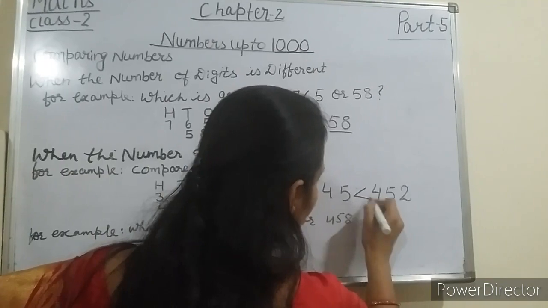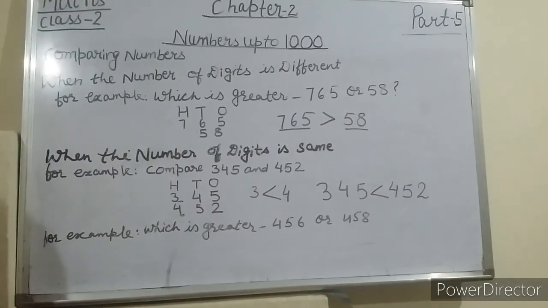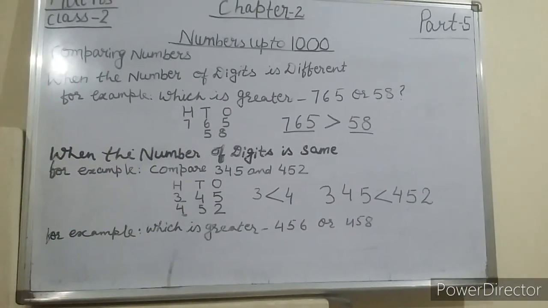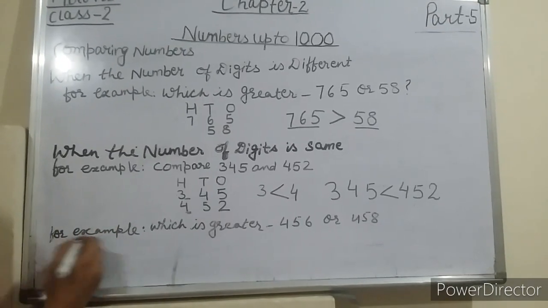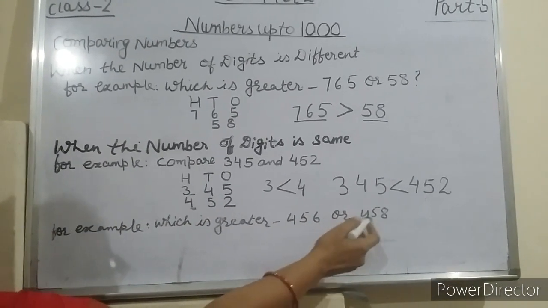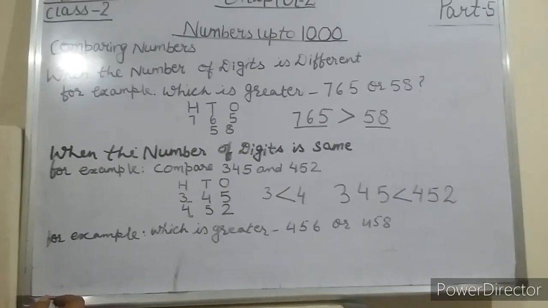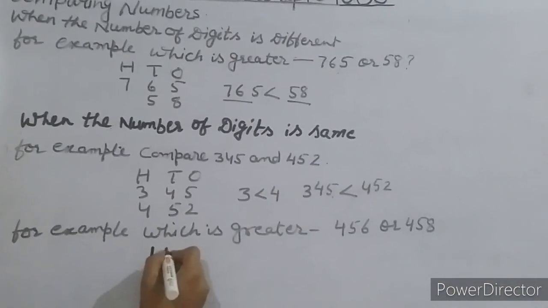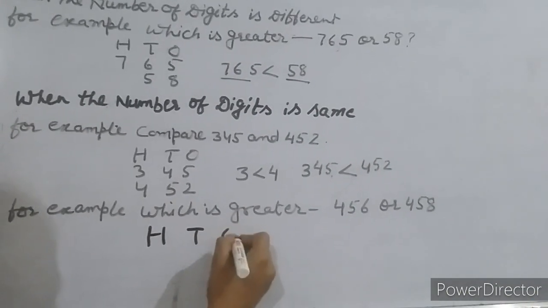Okay students. Now again students, I have given you one more example. Which is greater, 456 or 458? So here again we will write hundreds, tens and ones.